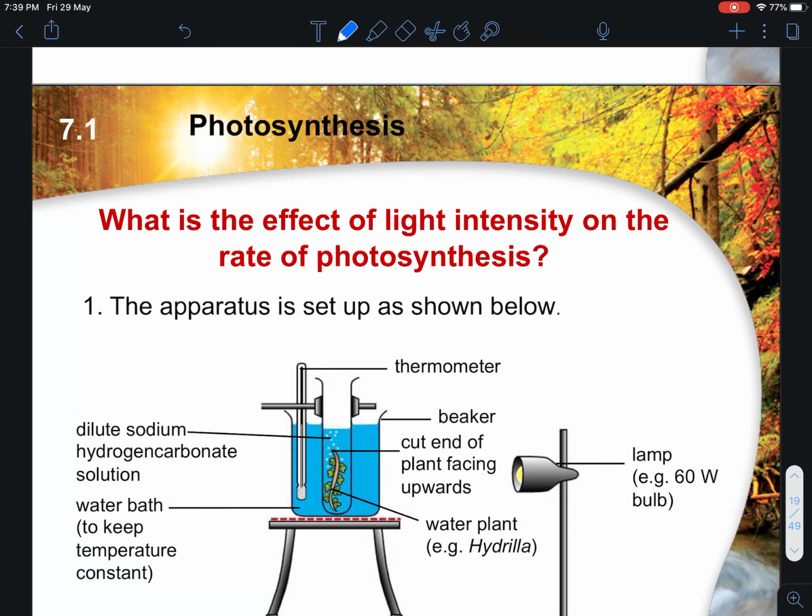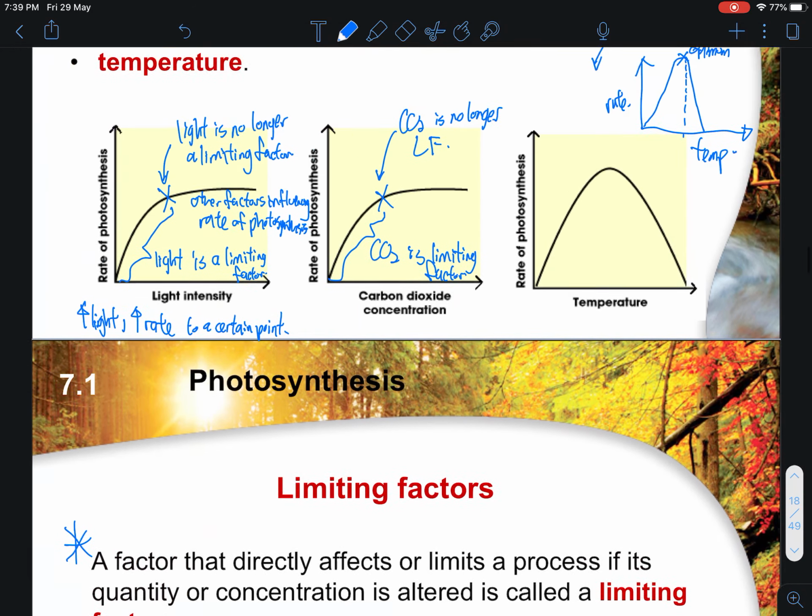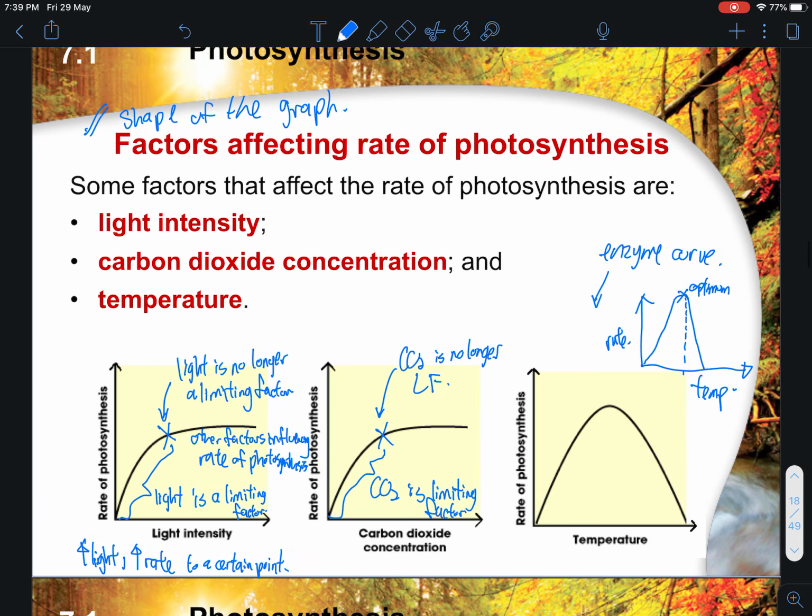Now some of you may ask, why does any increase in light intensity not affect the rate of photosynthesis? The reason is because in a leaf there is a fixed number of chlorophyll. You won't suddenly see that as light increases there will be more chlorophyll.